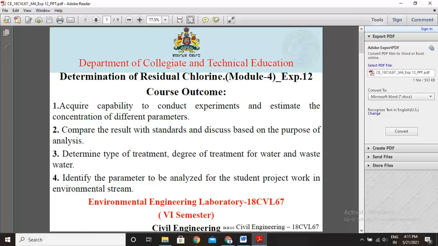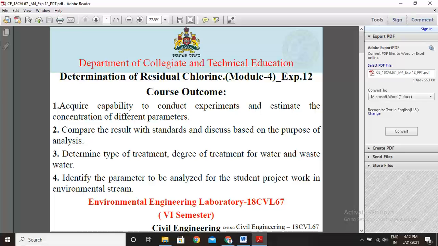Third is to determine the type and degree of treatment for water and wastewater. Fourth is to identify the parameters to be analyzed for the student project work in the environmental stream. So these are the course outcomes prepared.